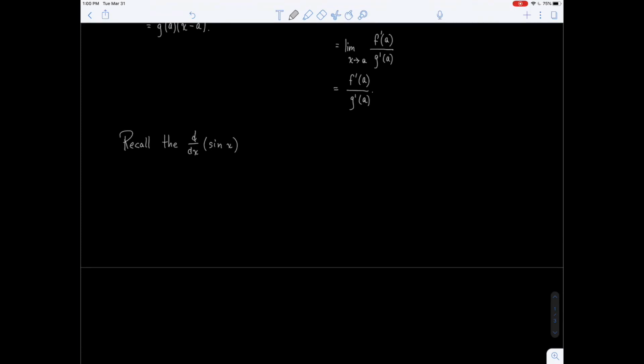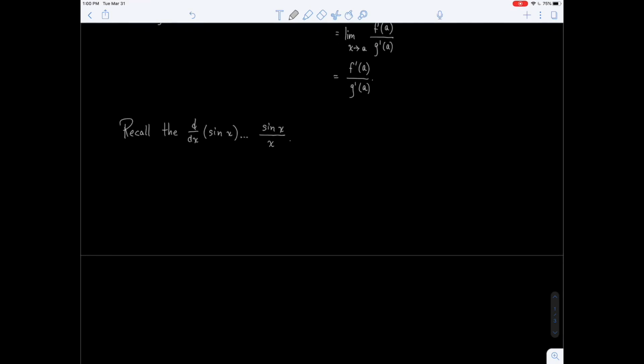And this gave us the function sine of x over x as part of the derivation using the formal rule for the derivative. And we went through this long and difficult proof, and we had to use the squeeze theorem. But let's see now if we can find this limit more quickly.